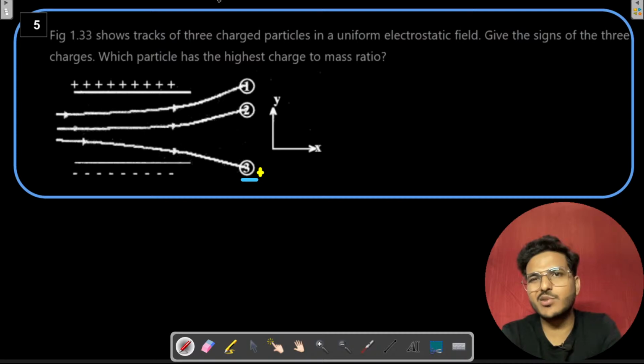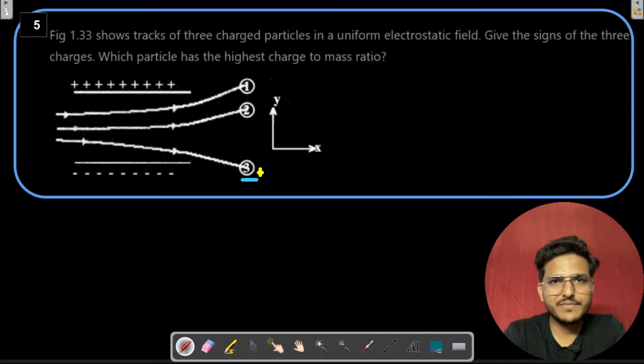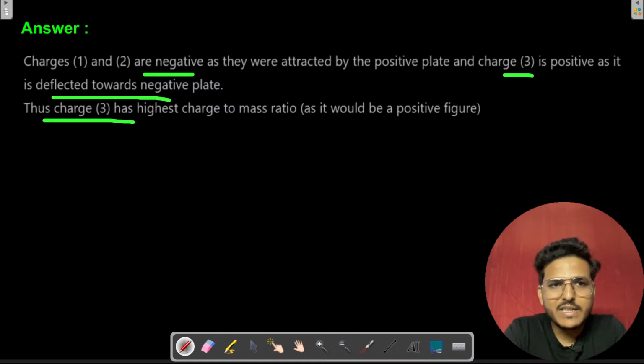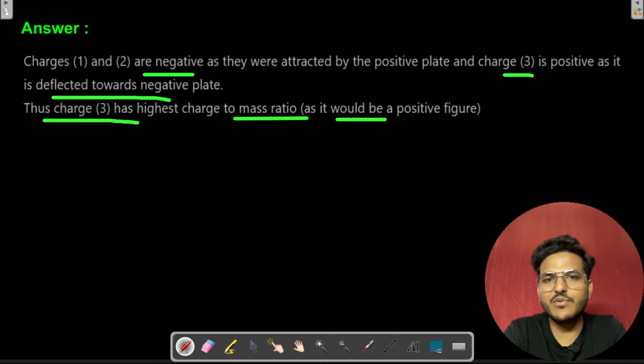So charges first and second are negative as they were attracted to the positive plate, and charge 3 is positive, it deflects towards the negative plate, so the third charge has the highest charge to mass ratio. It is a positive charge.